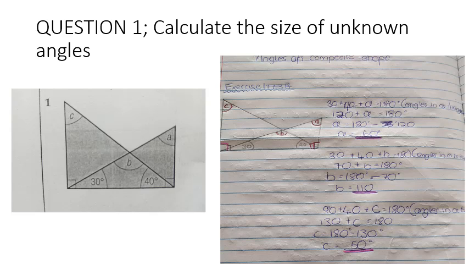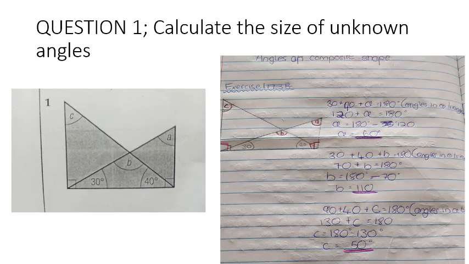Now let's go to B. Let us find the value of B. Now we have B, then 30 degrees, then 40 degrees. All those angles are within a triangle. So if we add these angles, the answer will be 180 degrees. Why? Angles in a triangle. So we are saying 30 degrees plus 40 degrees plus B is equal to 180 degrees.